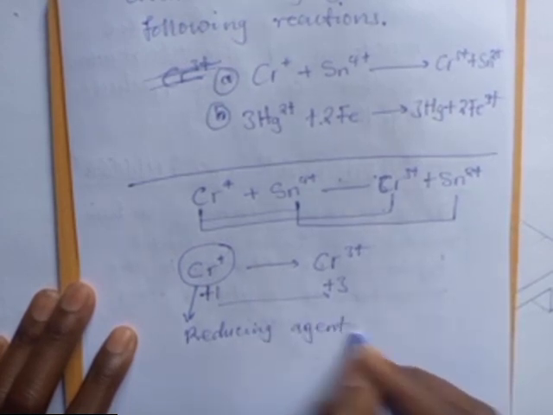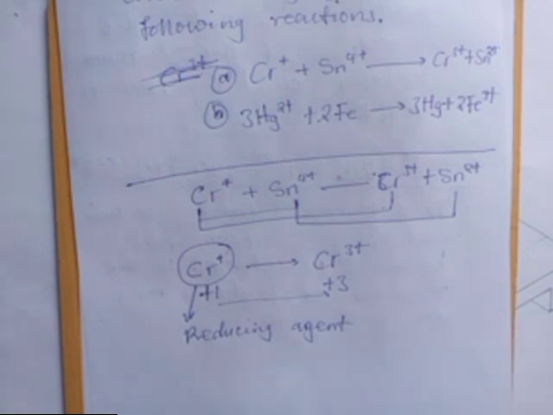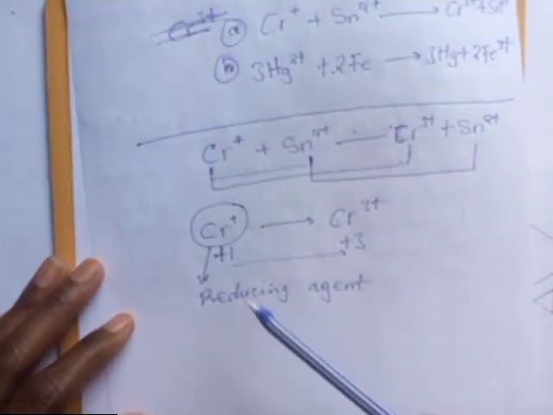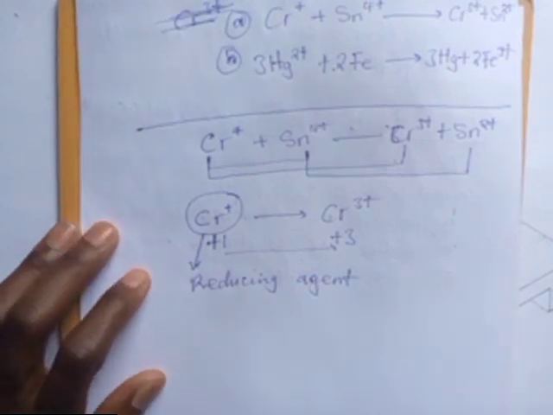Why are we saying it has to be a reducing agent? For something to reduce, it must lose a certain number of electrons. That's why it is said to be a reducing agent.